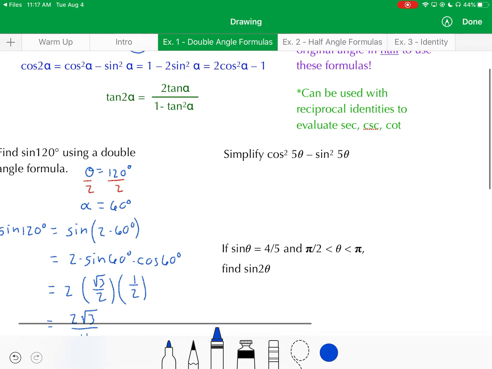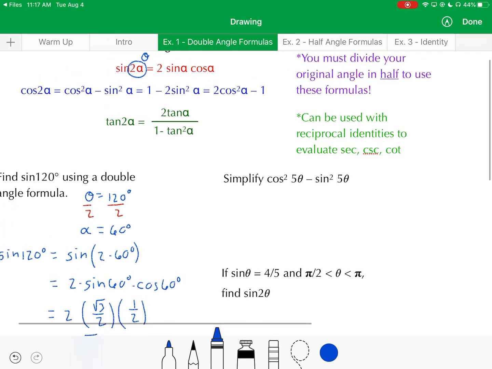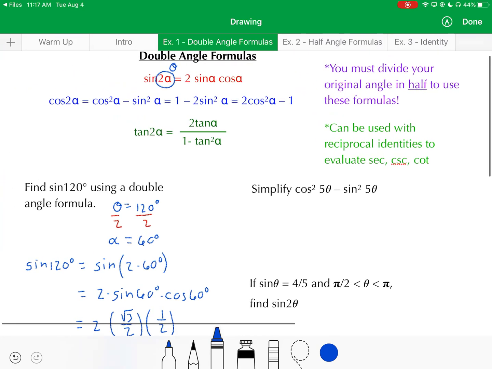Okay. All right, second example. Simplify cosine squared of 5 theta minus sine squared of 5 theta. All right. And what I want to recognize is that that expression follows this format right here. Okay. Which means I can apply a double angle formula for cosine.